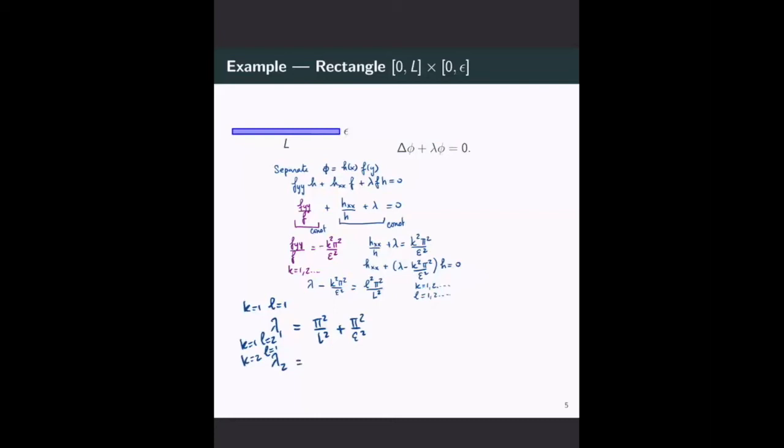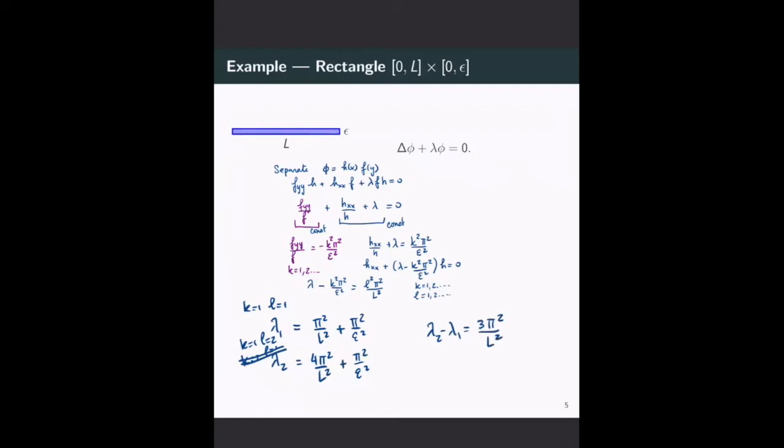So the second eigenvalue is going to be 4 pi square over L square plus pi square over epsilon square. Again, the fundamental gap is lambda 2 minus lambda 1, which is 3 pi square over L square.